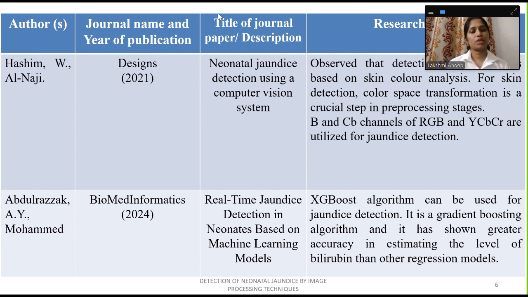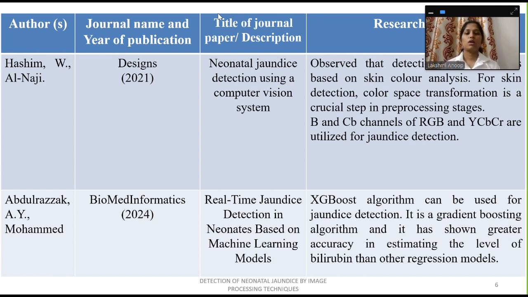Here the image which is obtained in the RGB color space is transformed to another color space, and from that the different color channels are utilized for jaundice detection. Here they have used B and CB channels of RGB and YCbCr color space.